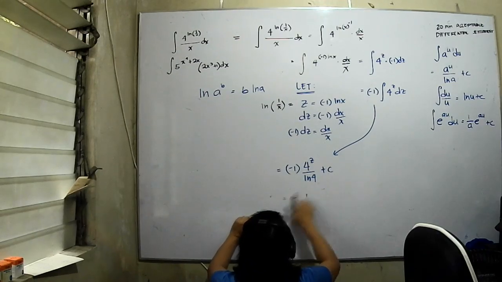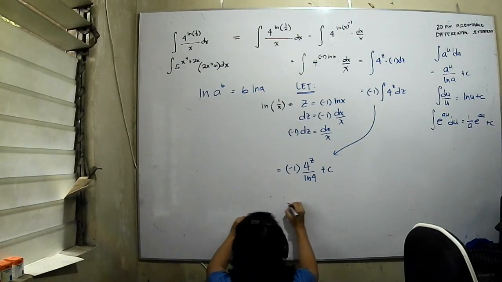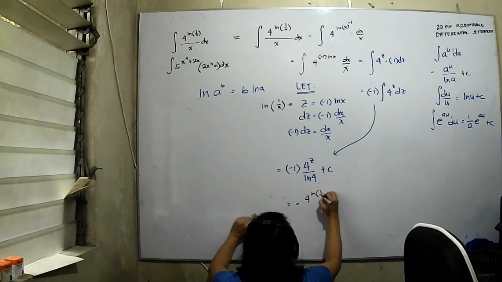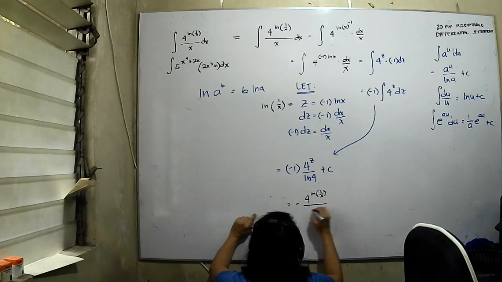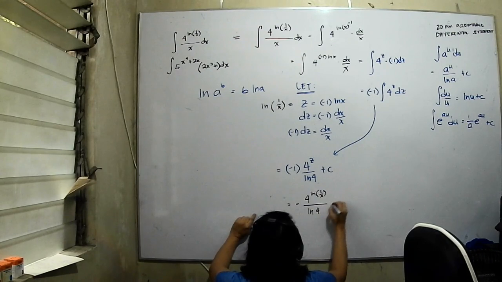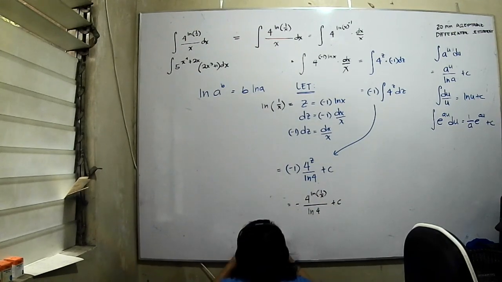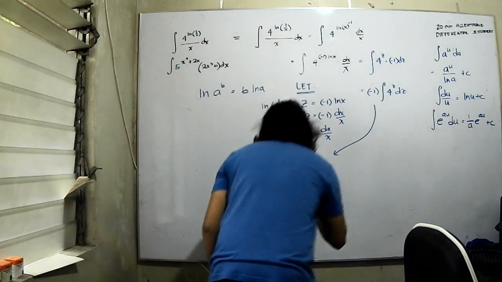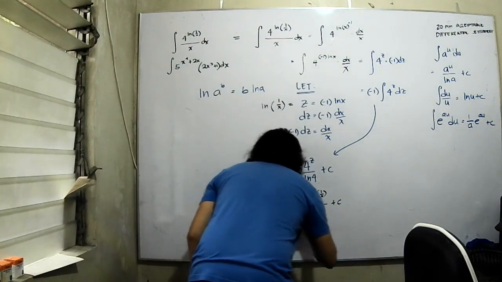Then negative 4 to the ln 1 over x divided by ln 4 plus c. And this is our final answer.